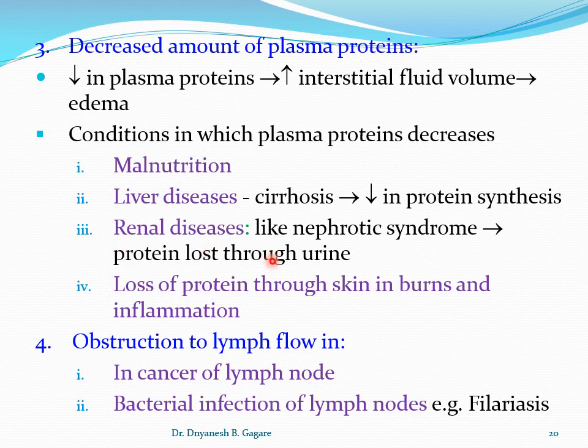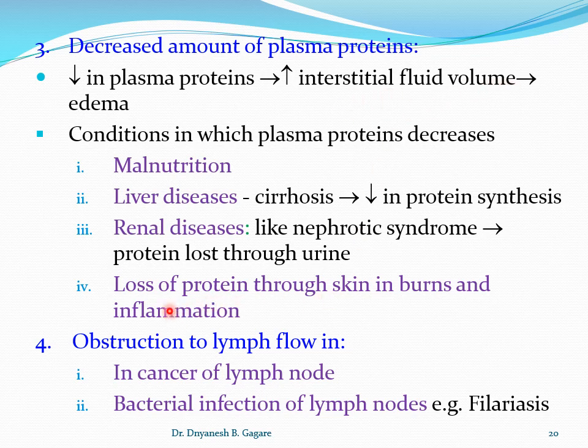Then kidney disease like nephrotic syndrome, where there is more loss of protein. Usually protein loss is very negligible or not there in the glomerular filtration, but if there is nephrotic syndrome, then there is more loss of the protein, and again this leads to an increase in interstitial fluid volume.